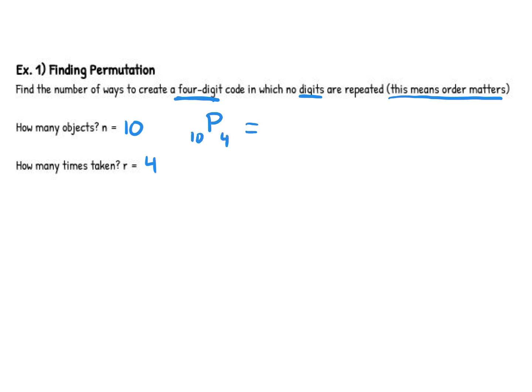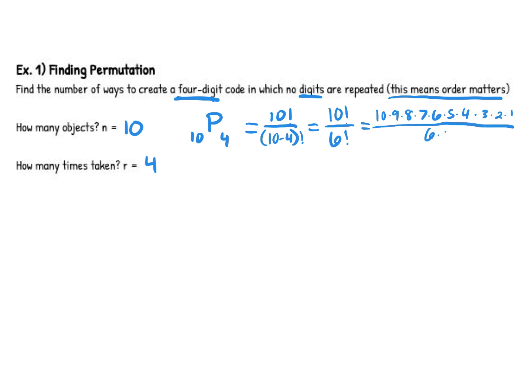So following our formula, that's 10 factorial over 10 minus 4 factorial, or 10 factorial over 6 factorial. So 10 times 9 times 8 times 7 times 6 times 5 times 4 times 3 times 2 times 1 over 6 factorial.